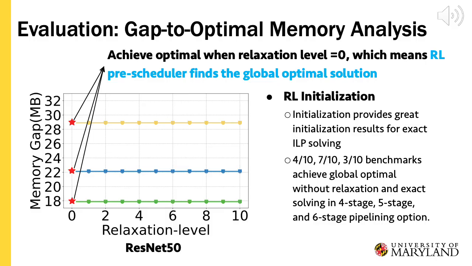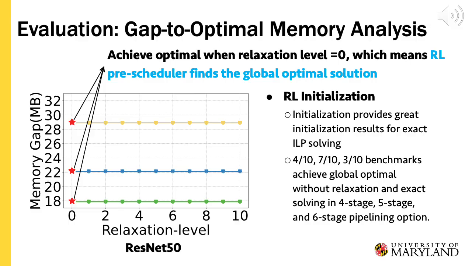Alright, let's move into our evaluation results. Gap to optimal analysis. Here we examine the difference in peak memory usage between IncLP and the global optimum. Here we have several takeaways. First, our RL-based pre-scheduling sets a solid foundation for subsequent exact ILP solving. To illustrate it, 3 of our benchmarks hit the global optimum without any exact refinement in all pipelining options.